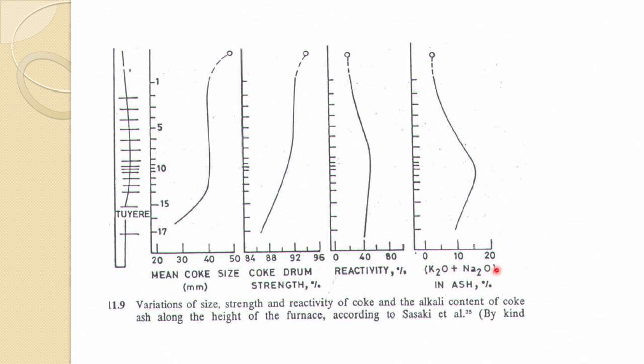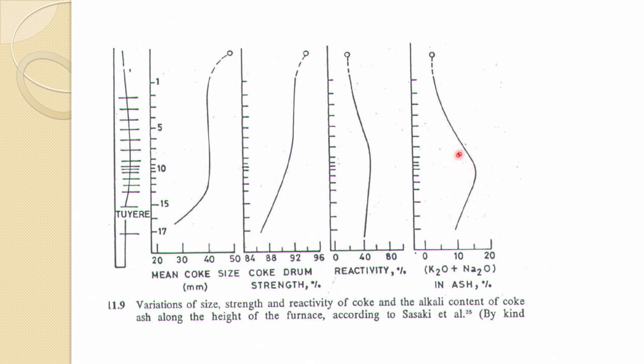And if we look at the alkali, that is very low at the top, but as it comes down, the alkali percentage increases, it becomes quite high in the middle zone, almost in the belly region or cohesive, and at the TUL then it starts decreasing. This is the region of maximum, because most of the vaporization of this alkali is occurring here, which builds up, goes up and condenses and builds up there.